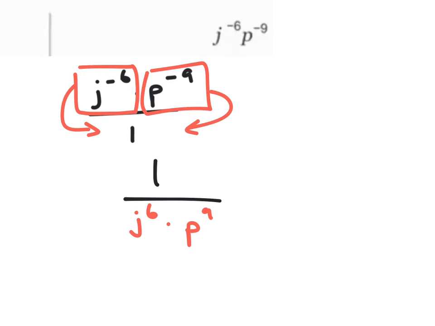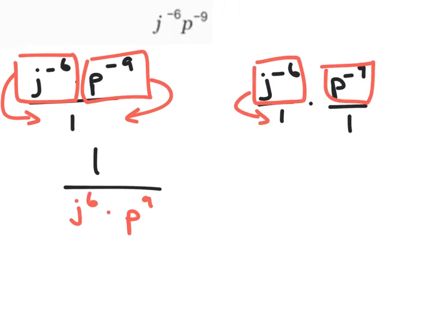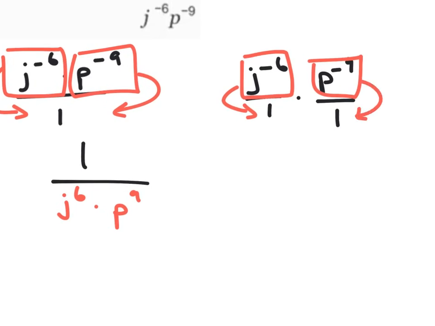Okay, so the other way that you can look at this is to separate this out and think of j to the negative 6 over 1 times p to the negative 9th over 1. And all you're doing is taking these and moving them down below. Same thing we did before, except instead of dealing with one fraction, we're dealing with 2, which is no big deal.